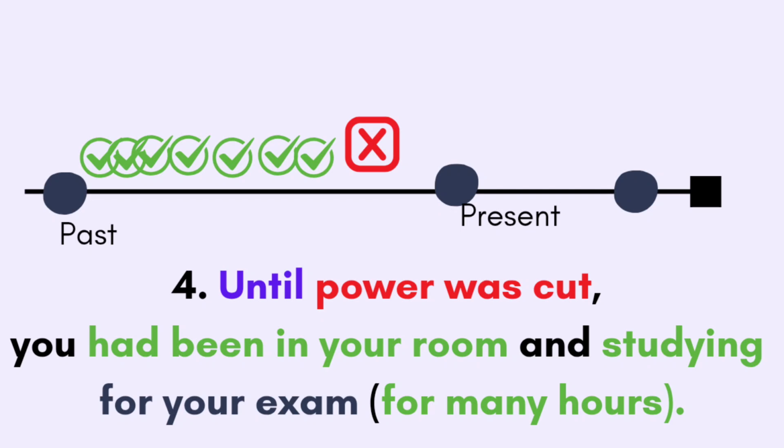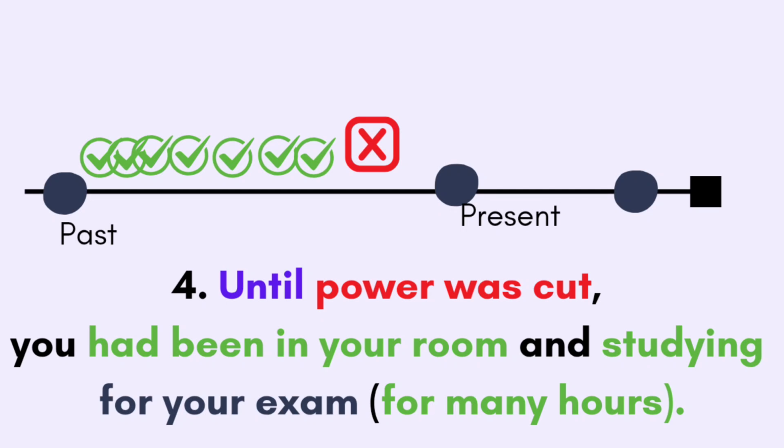But sometimes these two actions can overlap. Until power was cut, you had been studying in your room for your exam for many hours. After a while, power came and again you started studying. So it depends on the context, okay? So don't always stick to the grammar like that, so you understand the concept.